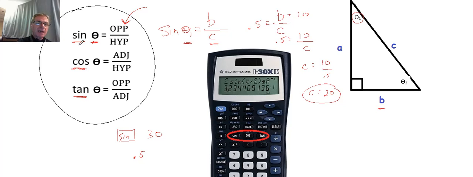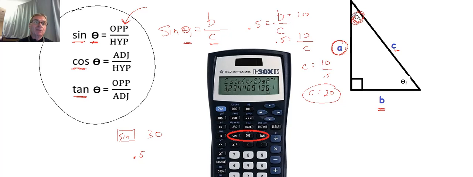Well, the sine of the angle is great if I'm interested in the opposite over the hypotenuse. So opposite side and the hypotenuse. Well, what if instead I've been given the adjacent side and I'm interested in the hypotenuse? So here's my angle again, theta 1 is my angle. And now I've been given the adjacent side.